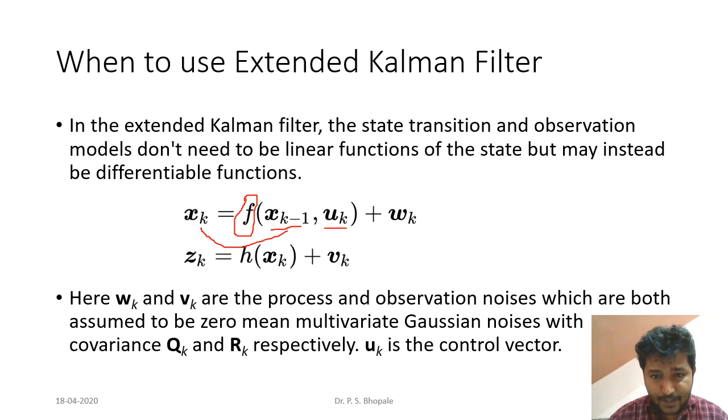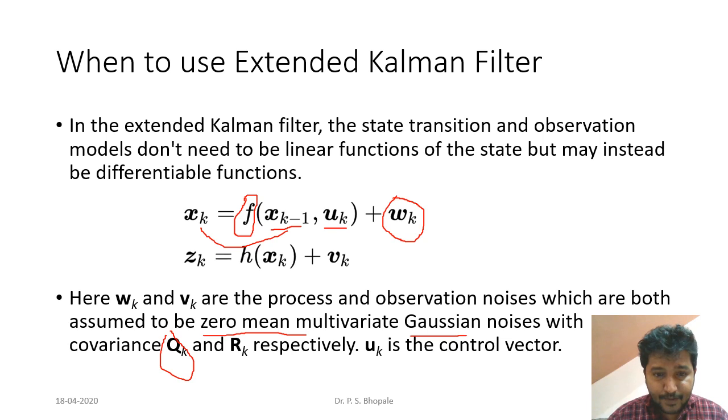But also at time instant k, the process noise wk is added, which has a mean of 0 and a Gaussian noise distribution with covariance Qk.